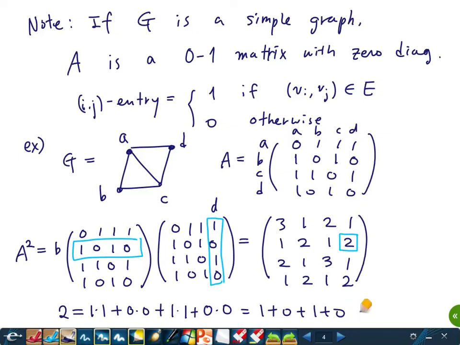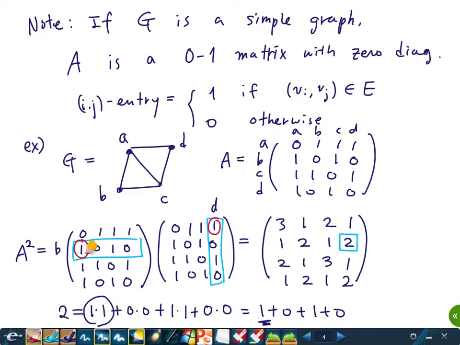So the result here will be the number of ones after multiplication. But when do we get 1? Only if both this and this are 1. So here, we get 1 and 1 at the same position.